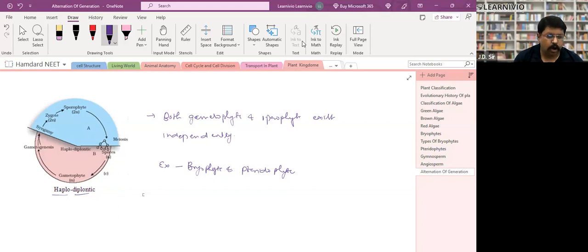So guys, this is all for the plant kingdom, right? Now the next chapter is animal kingdom, and we will start with the animal kingdom. Ask me if you have any doubt regarding the plant kingdom, then we will move to the animal kingdom.